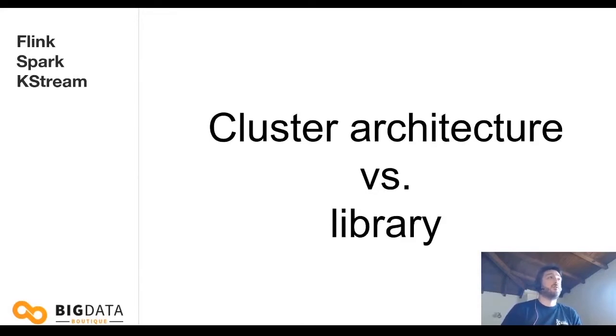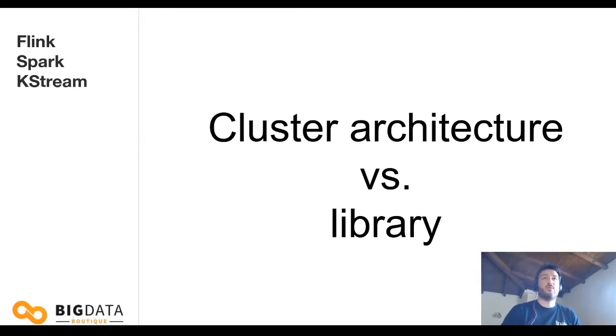As I told you before, the other big difference we have is that in Flink and in Spark, we run our data pipelines in a cluster, but with Kafka Streams, it's just a library. We put that library in our application, and we already have the possibility to process events in real time, which is really nice.